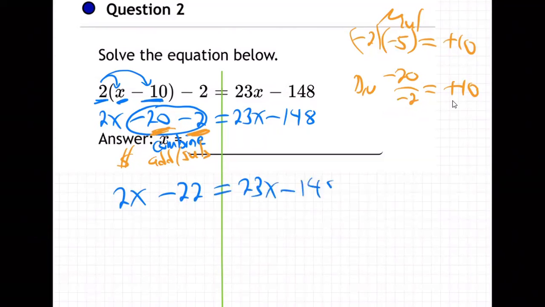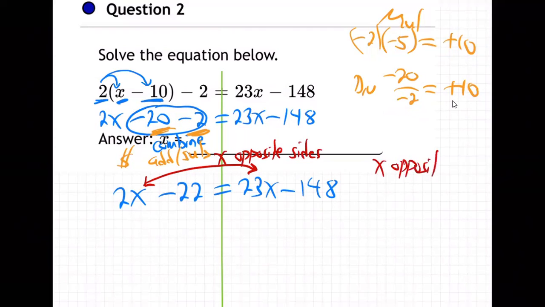Okay, so now we get to here. Now we're trying to solve for x. What do you do when you have x on opposite sides? Notice right here and here. I've had this a few times.